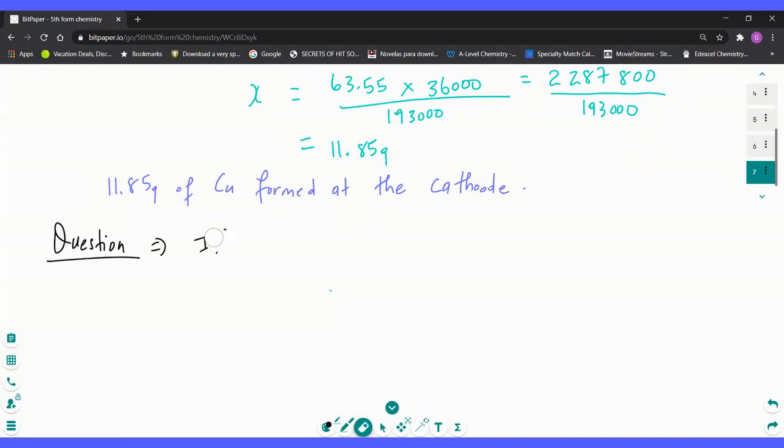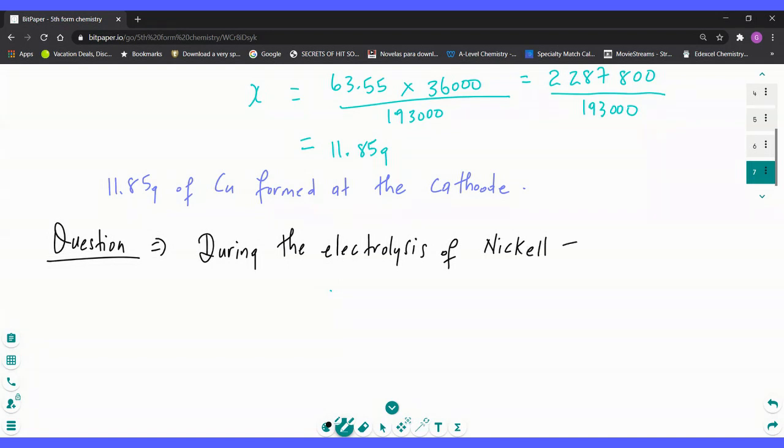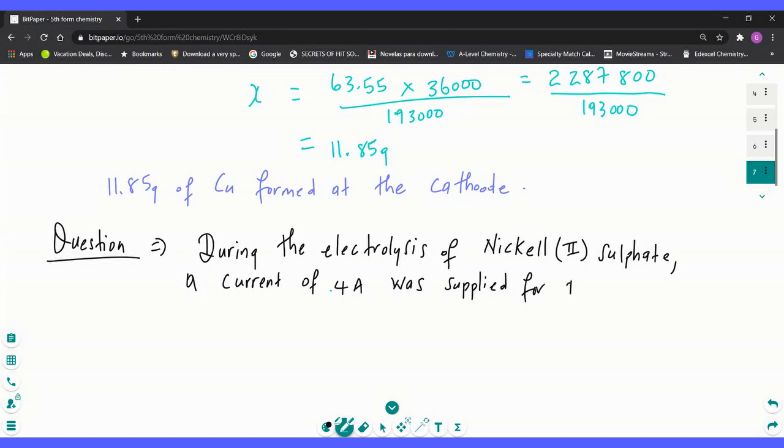All right, let me just phrase it like how you'd see it. During the electrolysis of nickel 2 sulfate, a current of 4 amps was supplied for 1 hour.